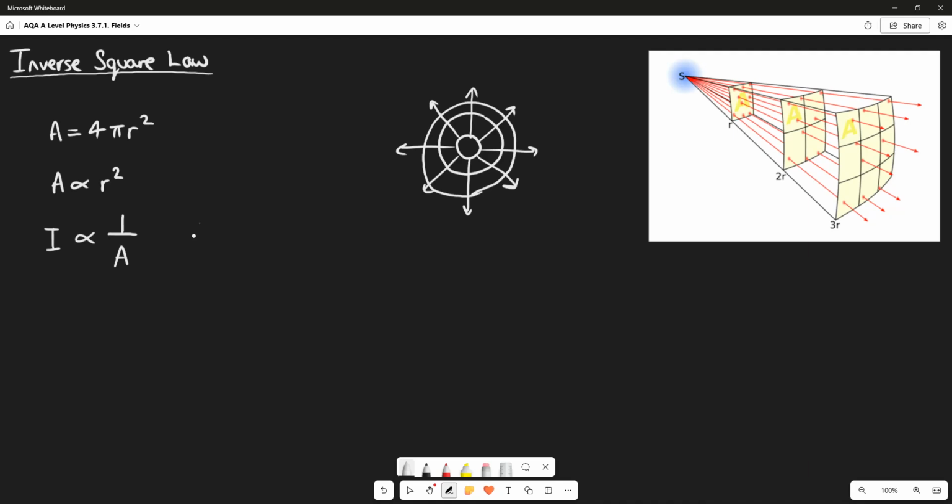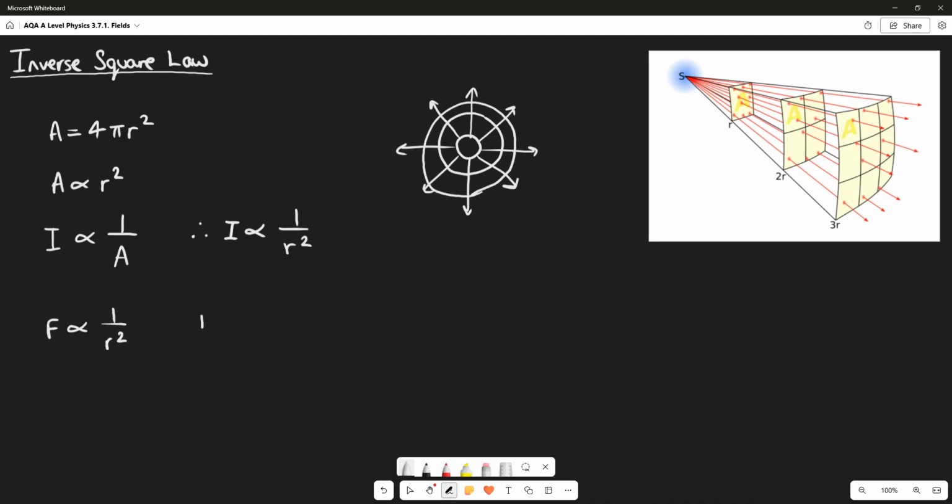And therefore, it's going to be connected to the inverse of the square of the radius, the inverse square law. With fields, the strength of the field, or the force that the field is able to exert, is also proportional to the inverse of the square of the radius.